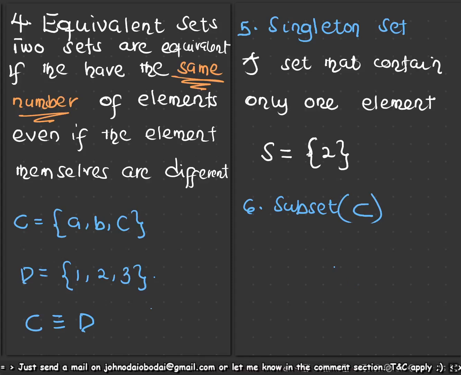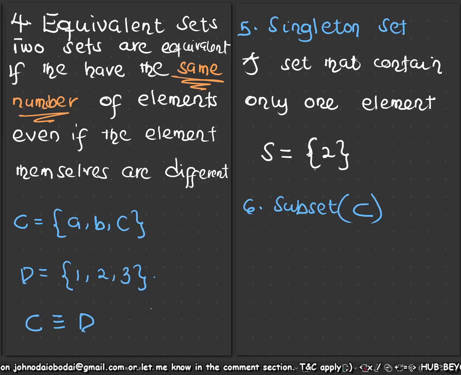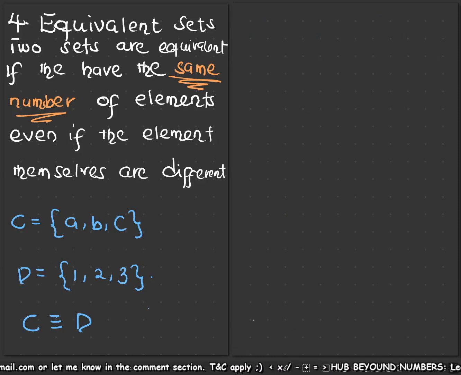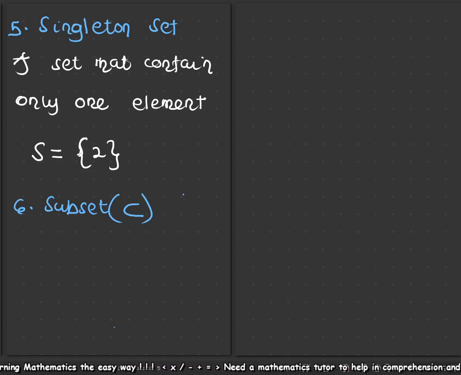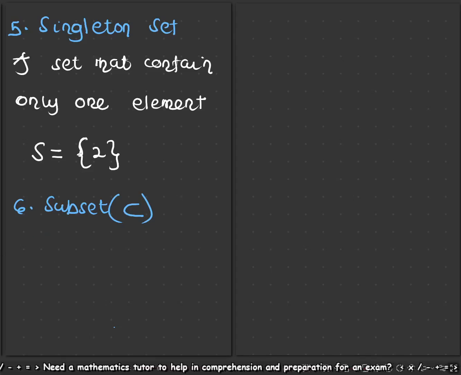So let's say we have set A and then set B. Now, if set A is a subset of set B, then what that means is that all the elements in A are inside of B. You see, all the elements in A are inside of B.